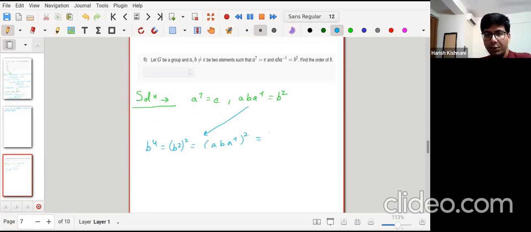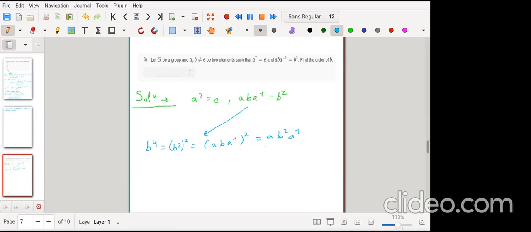And I already told you that this is same as a b square a inverse, because the intermediate a and a inverse will cancel out. Only whatever power is outside will come over b, and a and a inverse will be as it is. So b^4 is same as a b square a inverse.